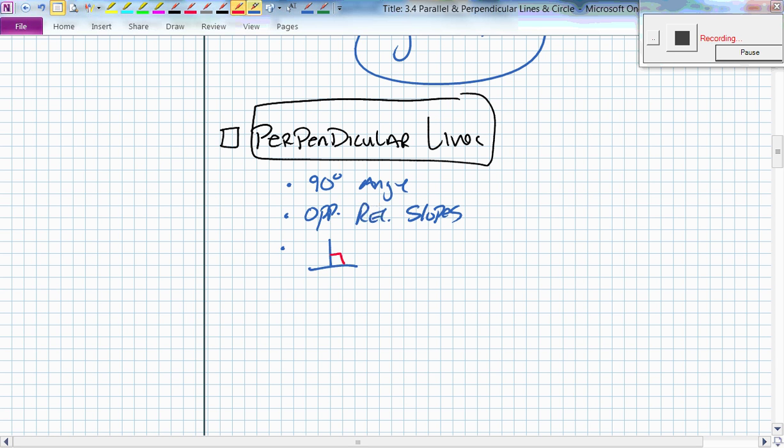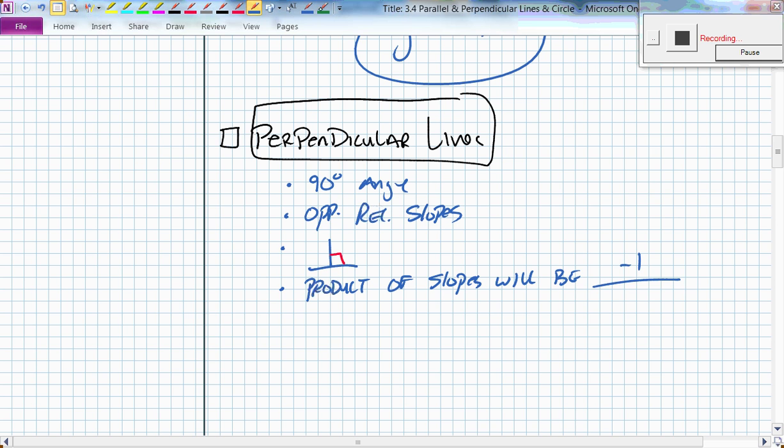And do you guys know this one? The product. Now, what does product mean again? Multiply. So the product of two lines that are perpendicular, the product of their slopes will be, anybody think? -1. Very good.